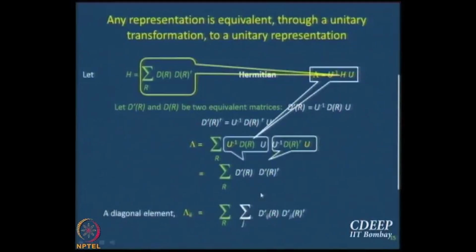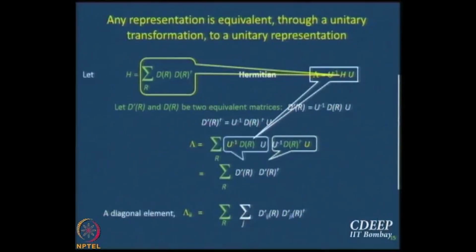What is lambda 1 1? d11 prime r multiplied by d11 prime r dagger plus d12 prime r multiplied by d21 prime r dagger, summation is on j. So, j is the first element here, and so on and so forth. You sum j equal to 1 to n.